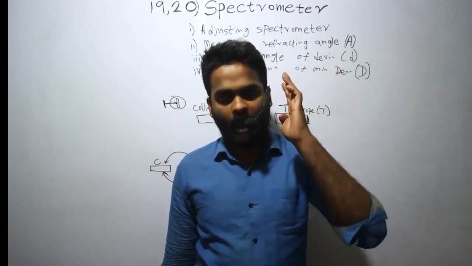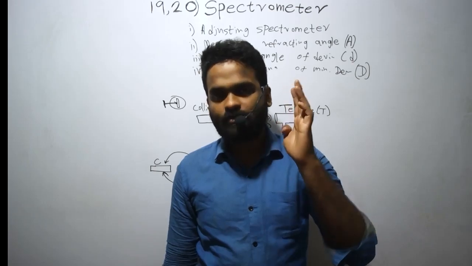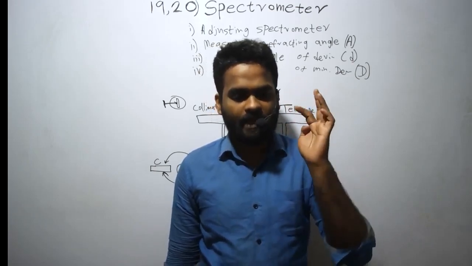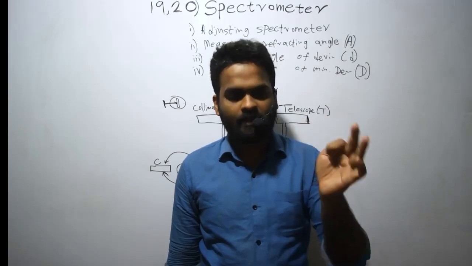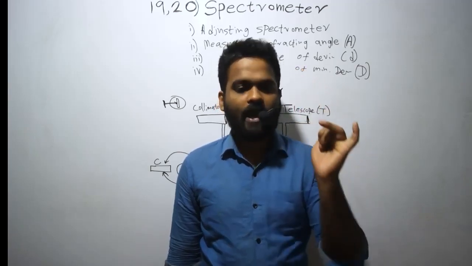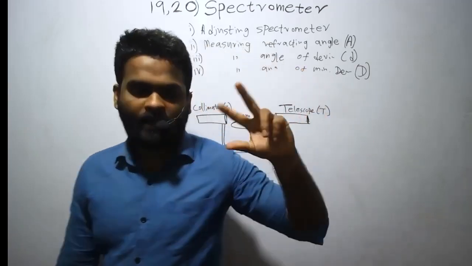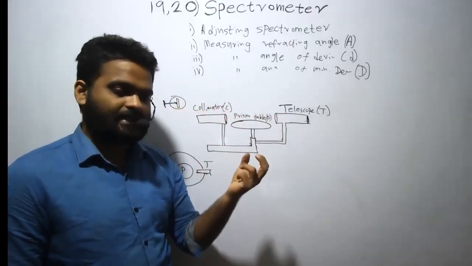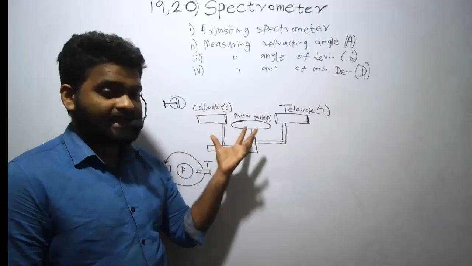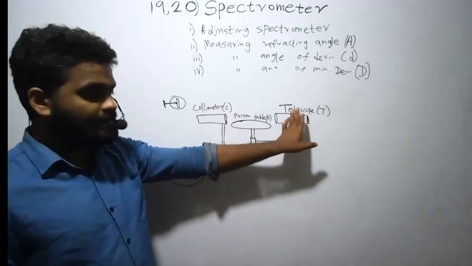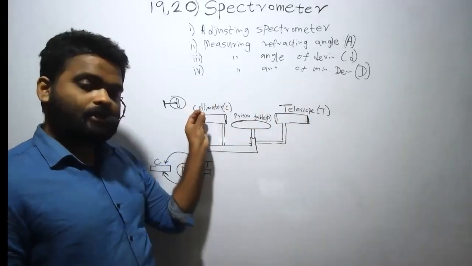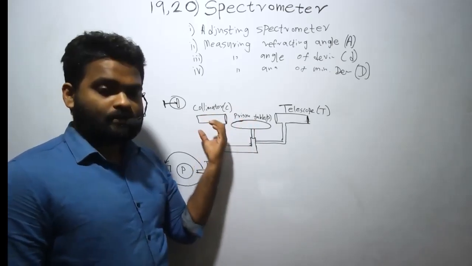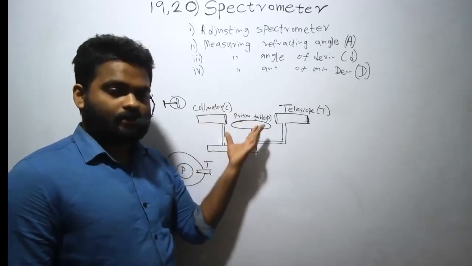First, you must adjust the telescope, then collimator, and finally the prism table. You cannot mix these up. You will understand once I'm done explaining why that is. You cannot mix that order, right?